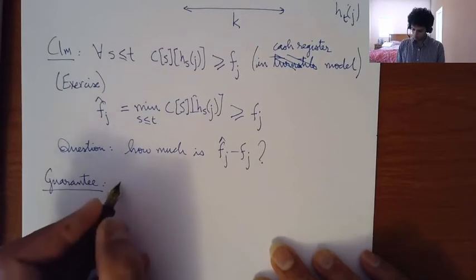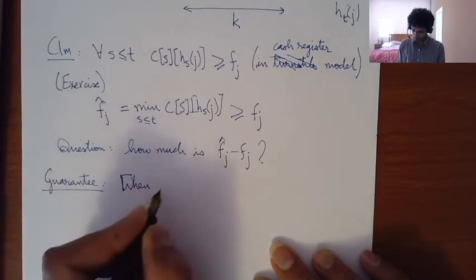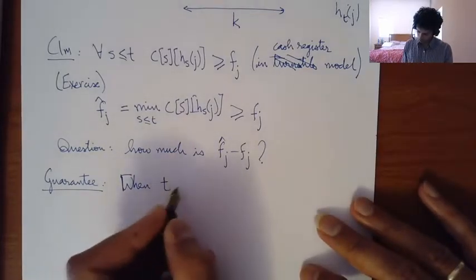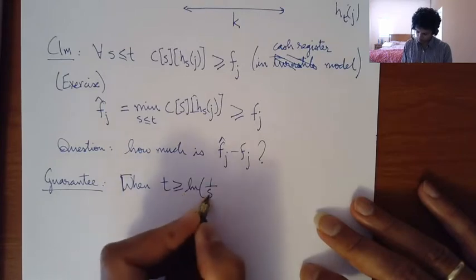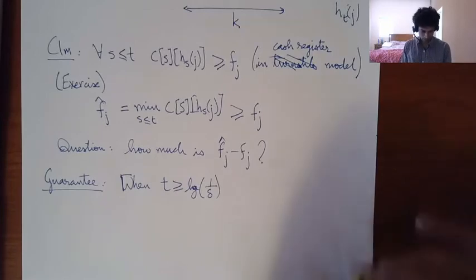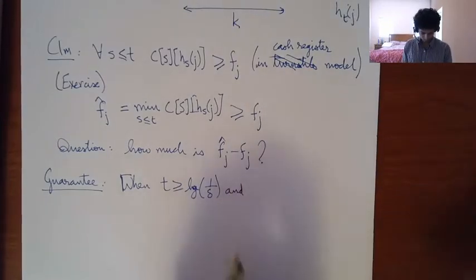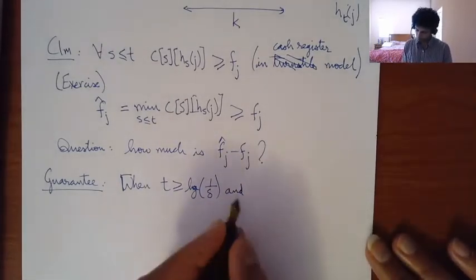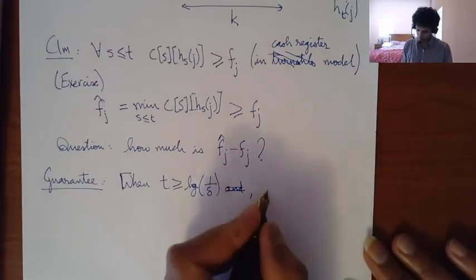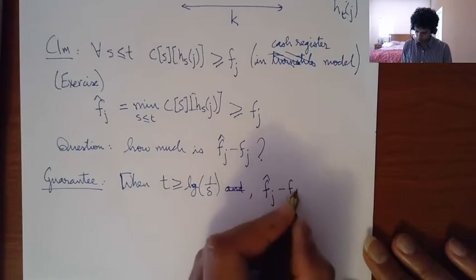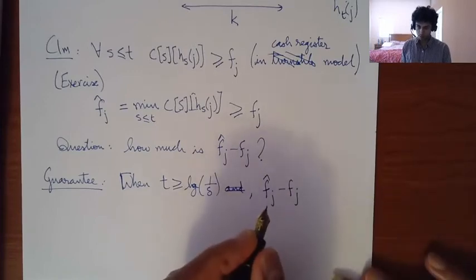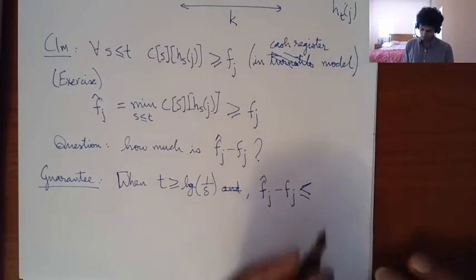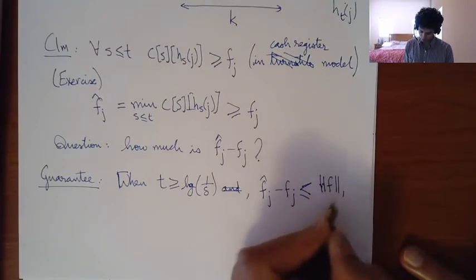I'll say that when t is at least log 1 over delta, f hat j minus f j is going to be essentially bounded by something divided by k.